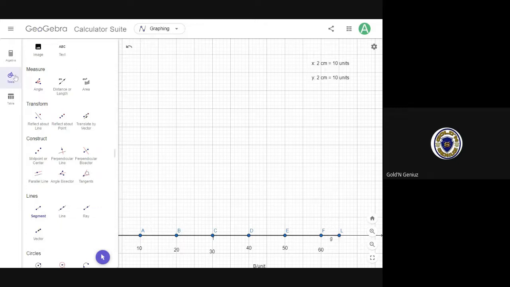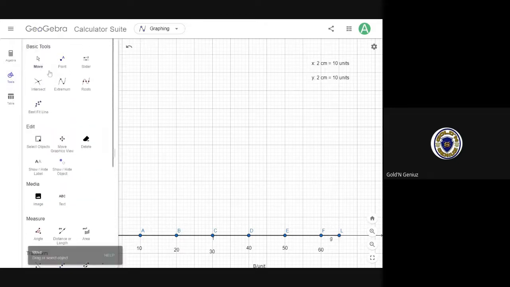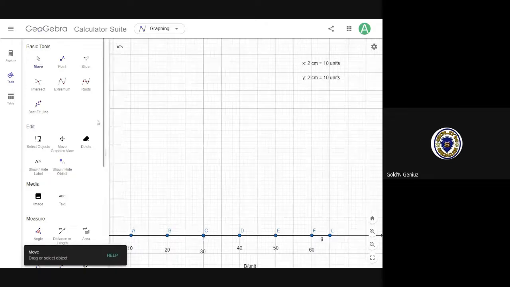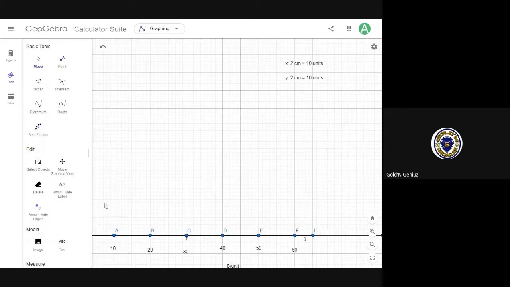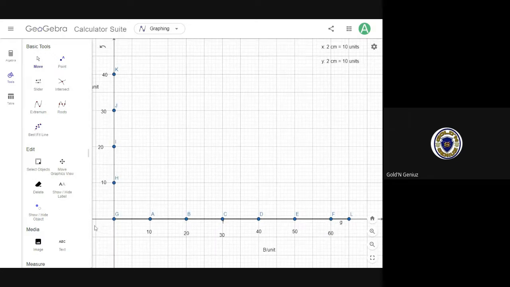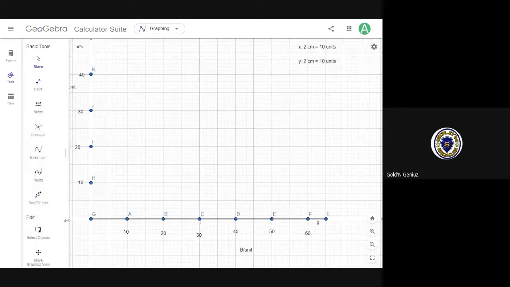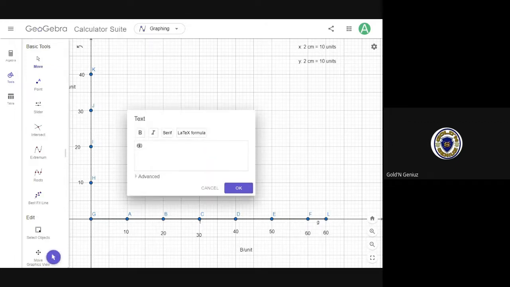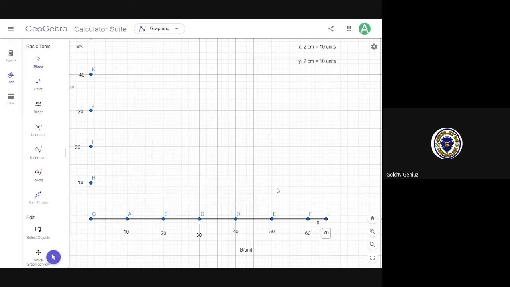So it should be able for everybody to see. Duplicate, and this is 70. Alright, so our scale is alright so far.